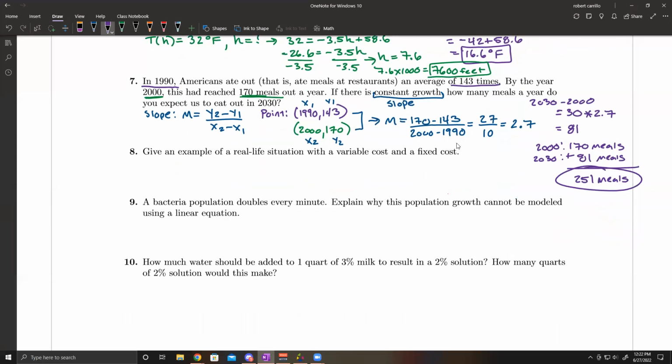Okay, number 8. This says, give an example of a real life situation with a variable cost and a fixed cost. What costs you money? Everything, right?